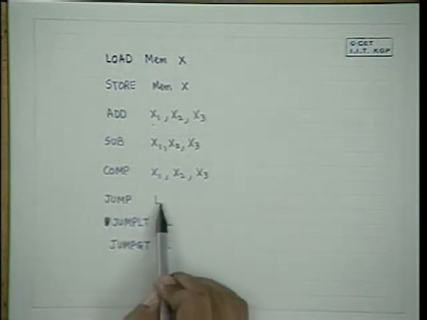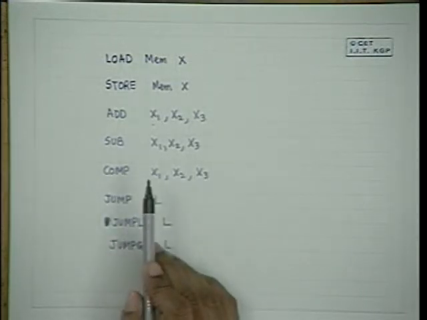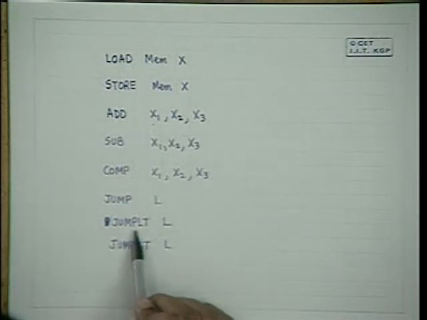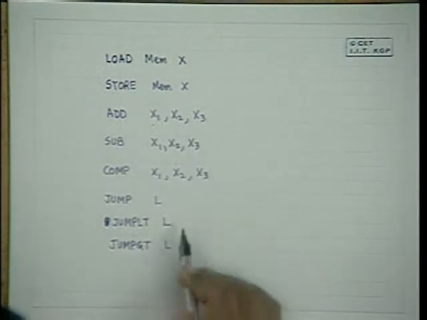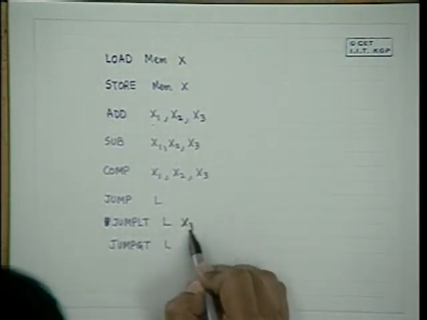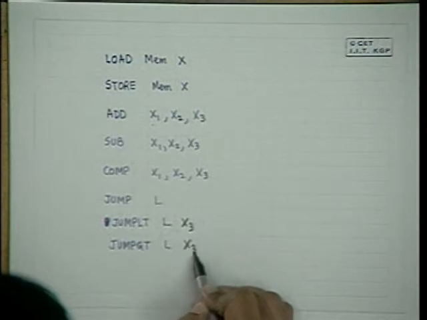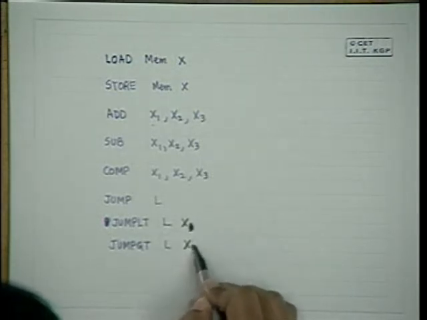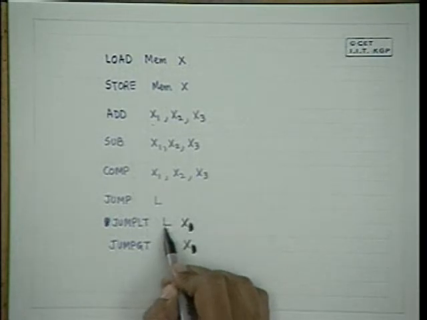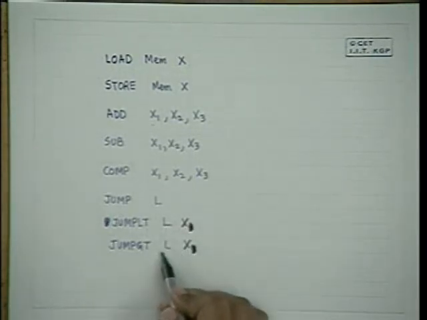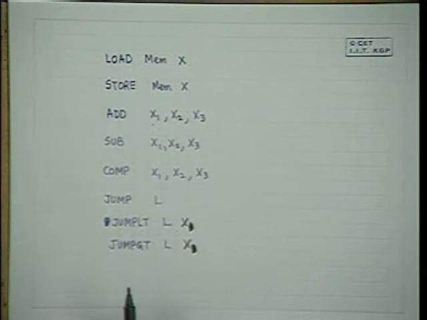Jump L: it will jump to the instruction label L. Jump less than L: this will check if x3 is less than 0, then it will jump to L. Sorry, here I will put x3. Jump greater than L: any x, need not be x3. If this is less than 0, jump to L. If this is greater than 0, jump to L. And this is the unconditional jump.